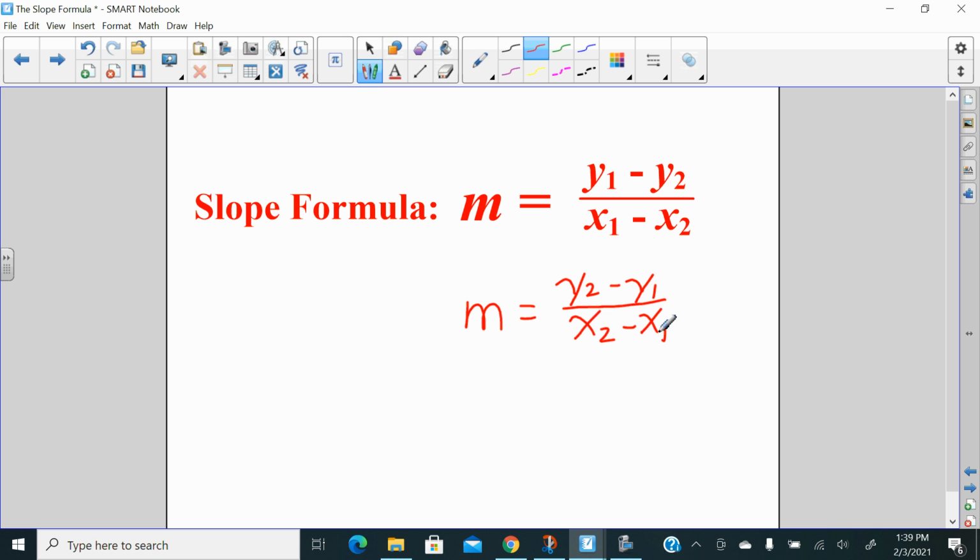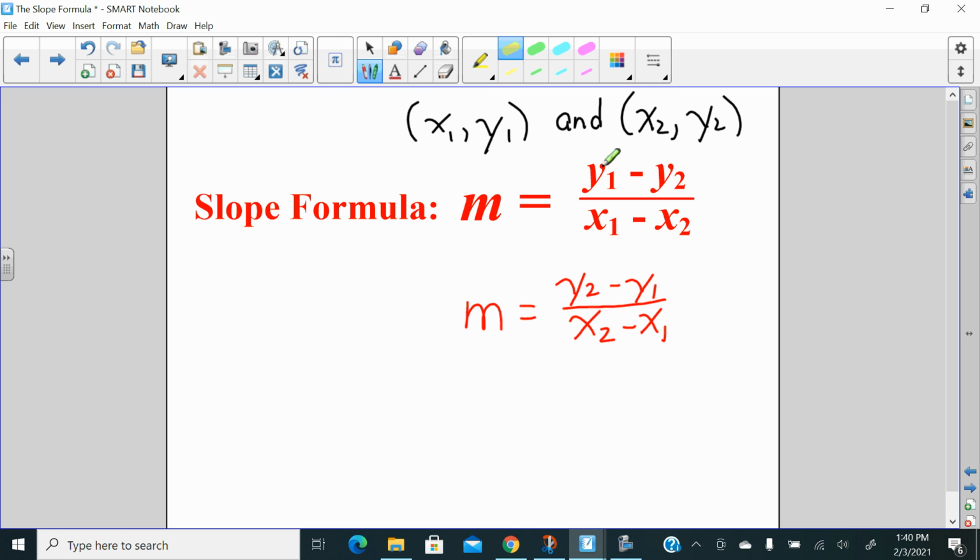So remember, the ordered pairs that go into this formula would be an x1, y1, and an x2, y2. Those would be my points. So please make note of the fact that if I started with the y1 here, I put the x1 first. If I start with the y2, I'll put the x2 first. But it doesn't matter which point I put out in front.